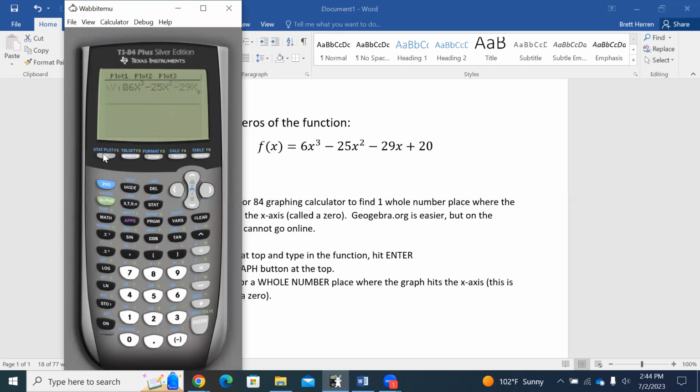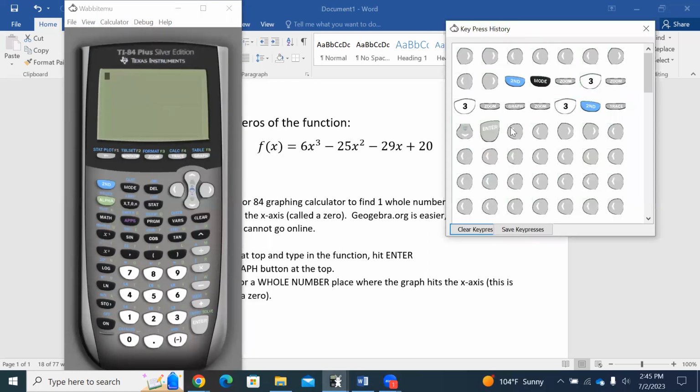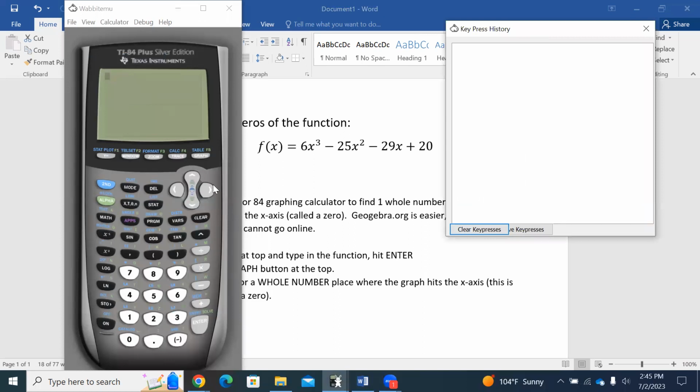I've already got it typed in there, so let me clear it so I can redo it for you. I'll give you a key press history, and this will tell you exactly what I'm pressing.